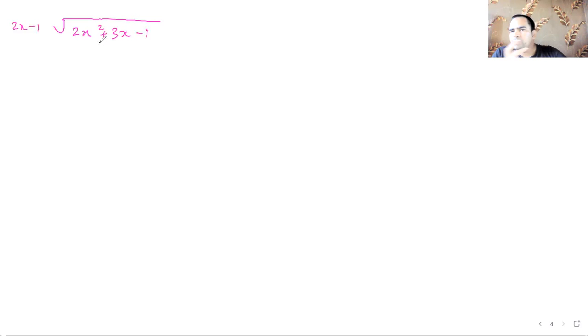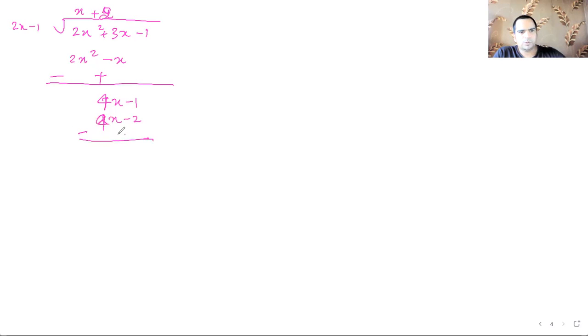According to my long division, my first term will be x, and you'll get 2x squared minus x here, and this becomes minus, this becomes plus. So 3x plus x will become 4x and minus 1. And the next one will be 2 here, so it'll become 2x minus 2, 4x minus 2. And if you subtract, you get the remainder as positive 1.